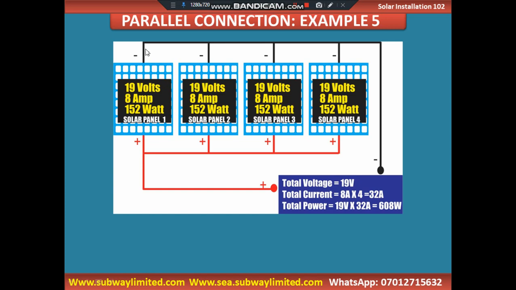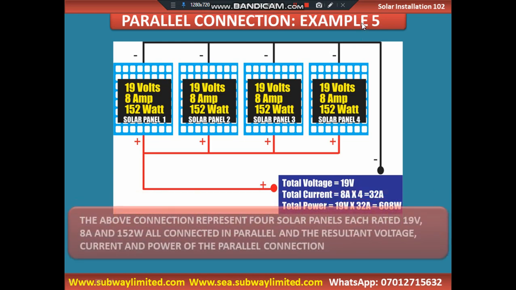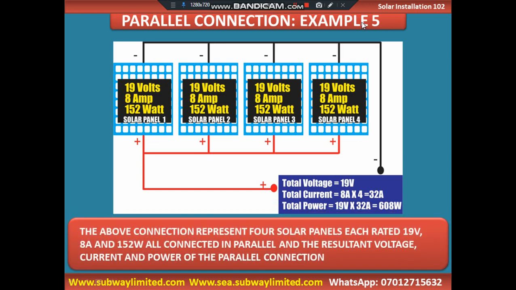We are connecting the negative of one solar panel to the negative of another solar panel, and we are using a uniform output cable. And if you equally come here, you can see we link all the positives together, and we link all the negatives together here. That is parallel connection. What happens when you connect those panels like that?